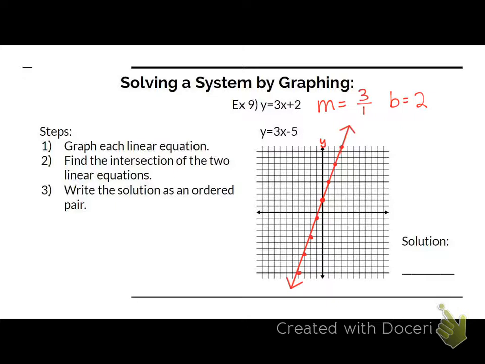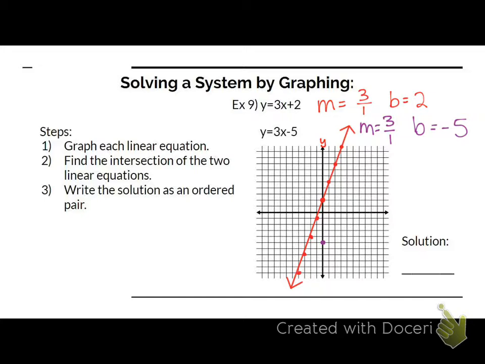Let's move on to the second line. What is my slope? 3 over 1. What is my b? Negative 5. So this time I'm starting on the y-axis at negative 5, down 5 from my origin. To get more points, where am I going?